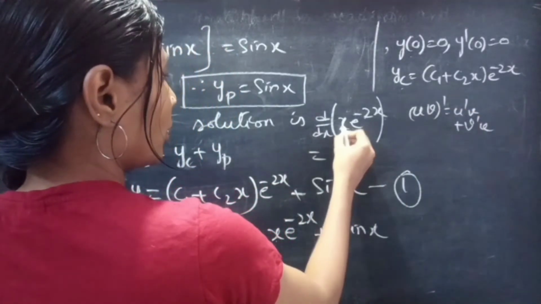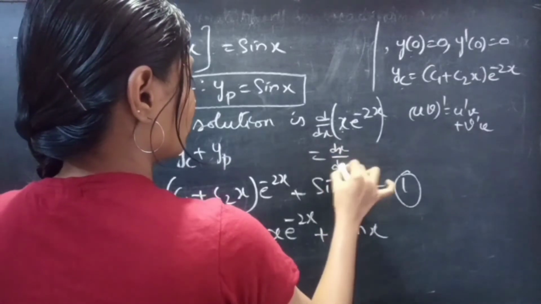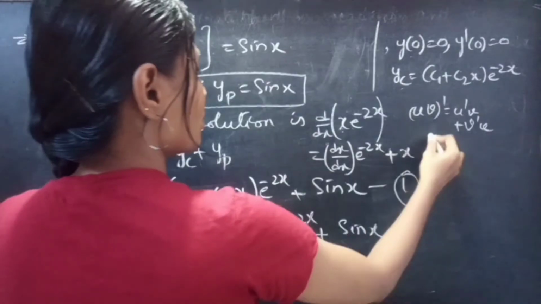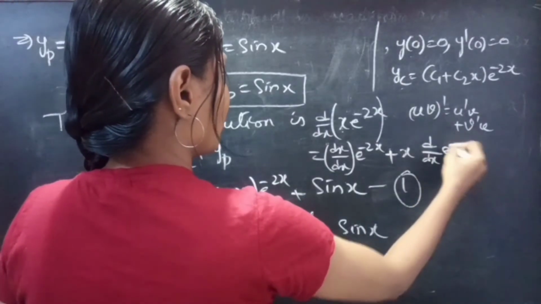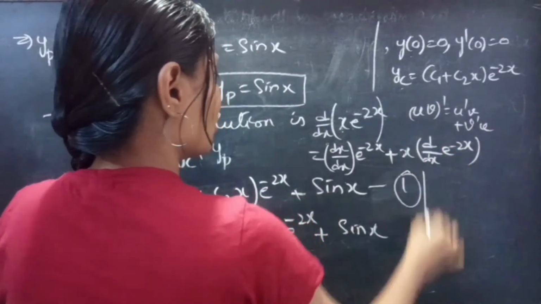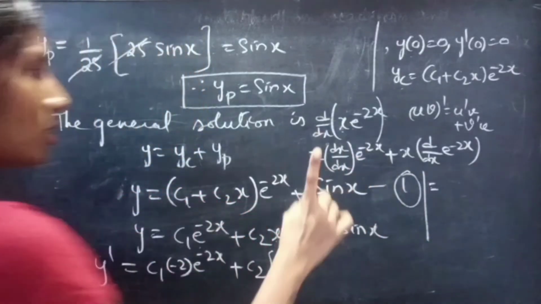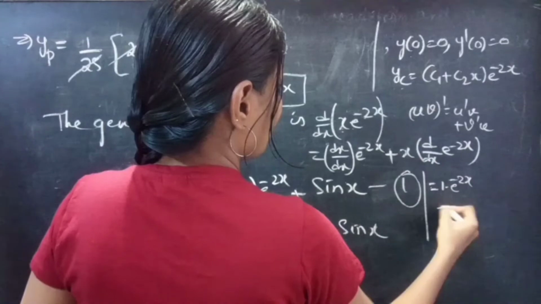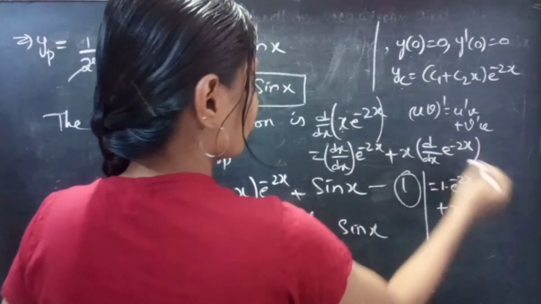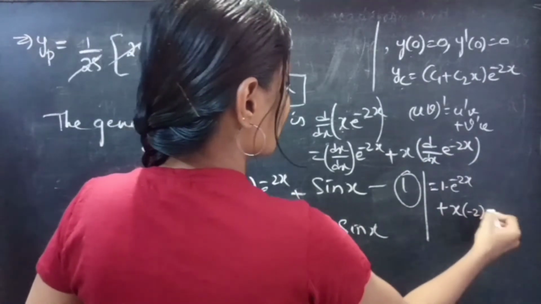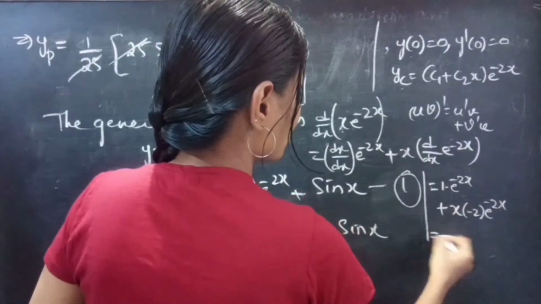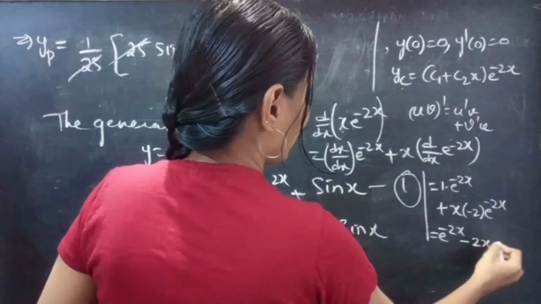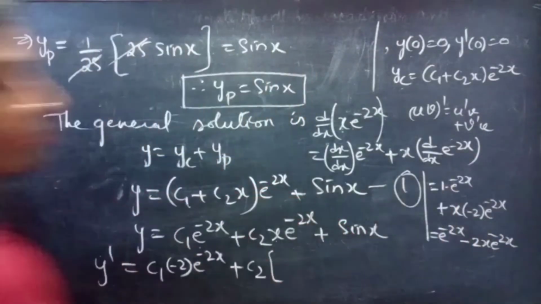Firstly, we'll find derivative of x with respect to x into e power minus 2x plus x into derivative of e power minus 2x, right? Which is equals to 1 into e power minus 2x plus x into minus 2 into e power minus 2x, which is equals to e power minus 2x minus 2x e power minus 2x, right?